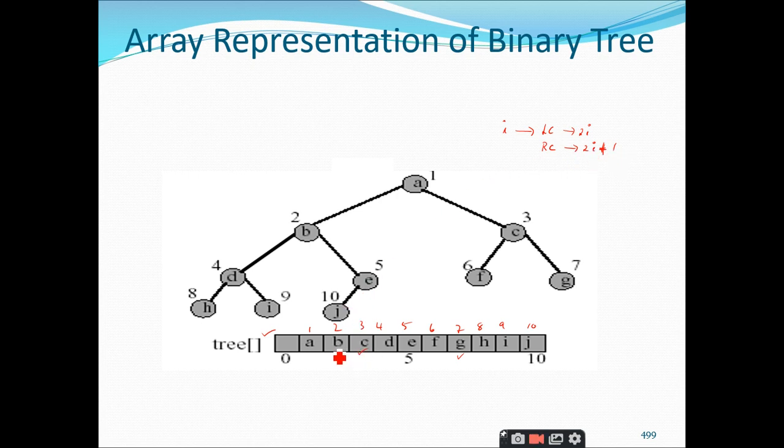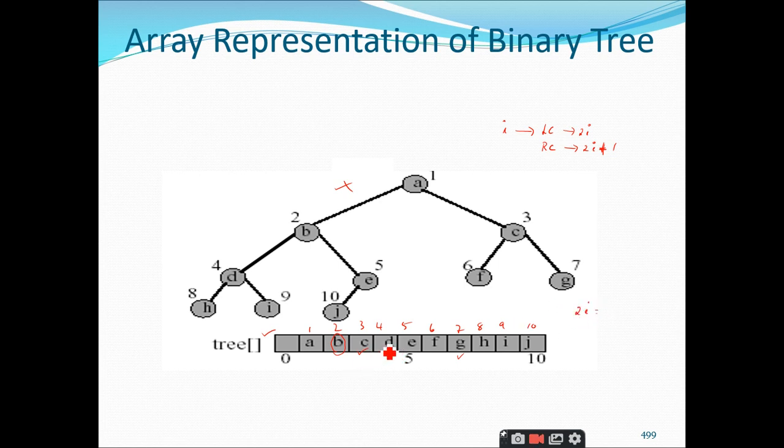For example, I don't have this binary tree representation. I have represented it using this array, and if I want to find the left child of B, then you have to find the index of B, which is 2. So the left child, according to the node number properties, is placed at 2i. Therefore 2 into 2, 4.